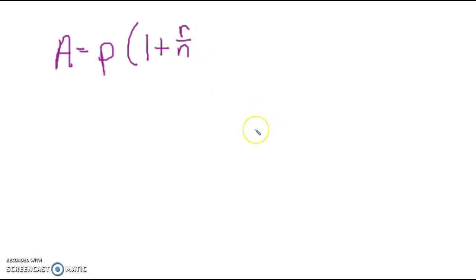All right. We have another formula that we need to look at. Please write this one down in your notes. We have A equals P times (1 plus R over N) to the NT. I know it's sometimes hard to tell the difference.